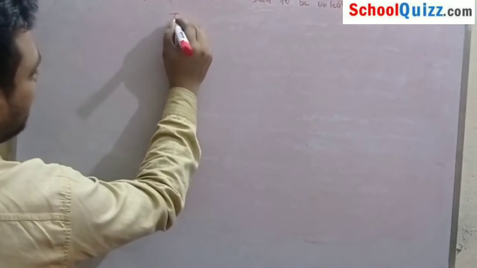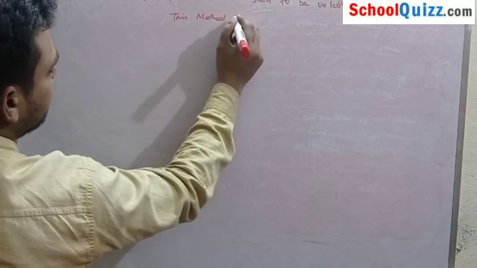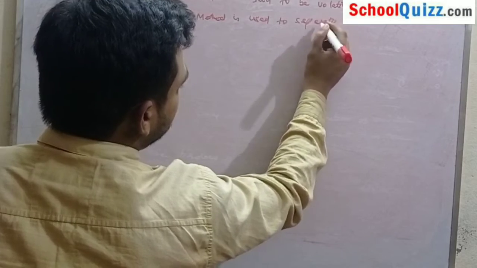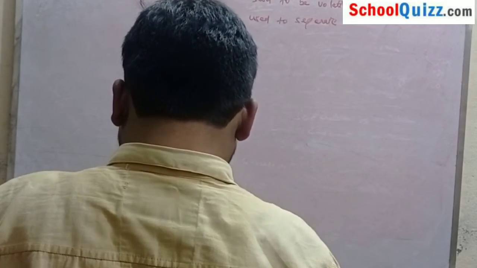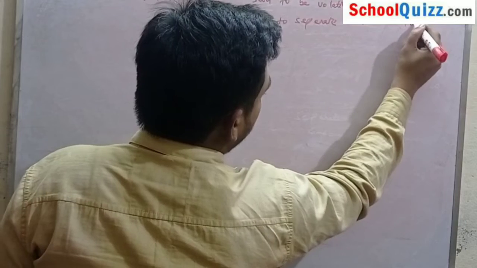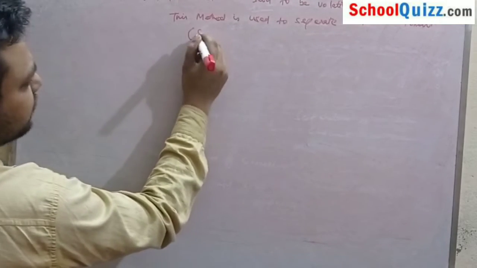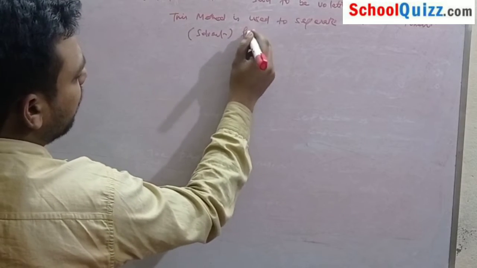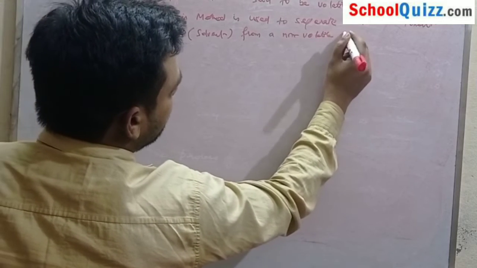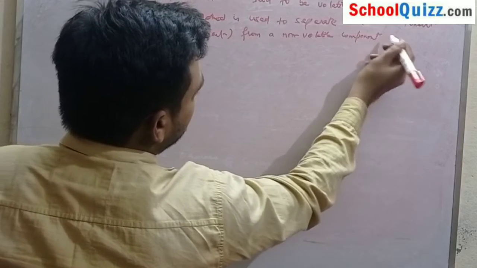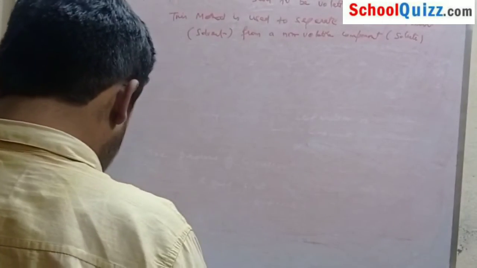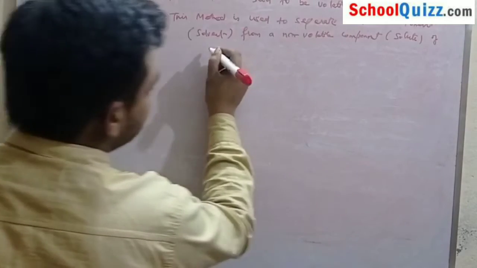This method is used to separate a volatile component, that is our solvent, from a non-volatile component, that is the solute, of a mixture.